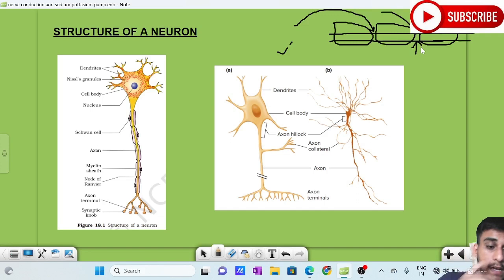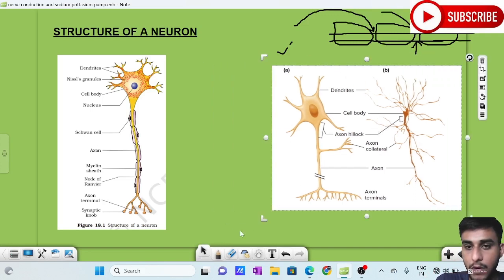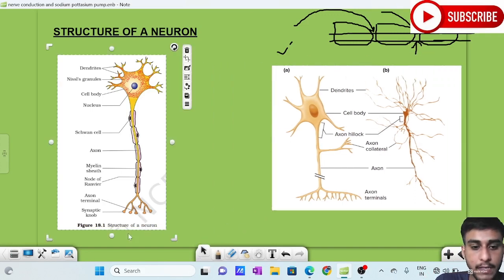And next is the axon terminus region, which is the end part of the axon. I will just make a change in this diagram. Look, I am going to connect these two neurons.